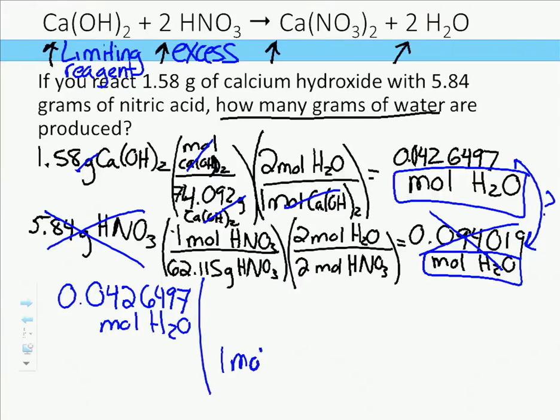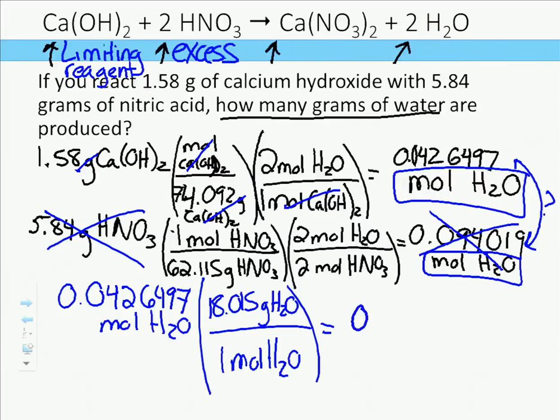So 1 mole of water is equal to 18.015 grams of water, to give us a total of 0.04264966788 times 18.015, 0.768 grams of H2O. I check my sig figs, 3 sig figs, 3 sig figs, check.